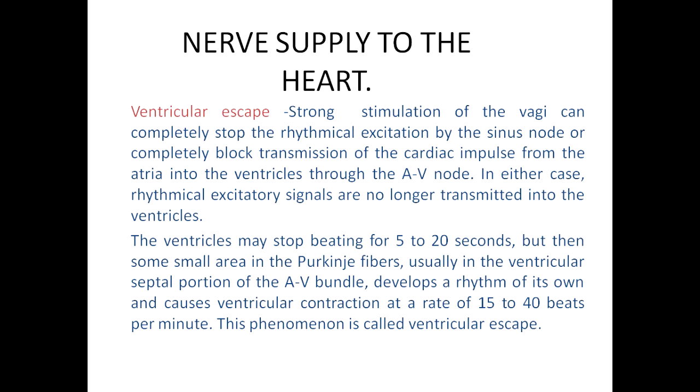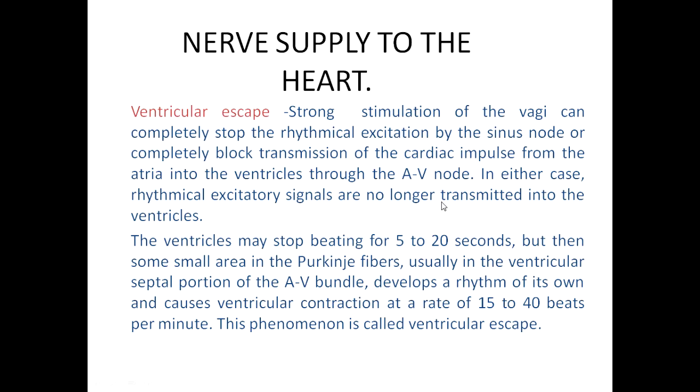Now you have to know the concept of ventricular escape. Sometimes strong stimulation of the vagi can completely stop the rhythmical excitation by the sinus node, or completely block transmission of the cardiac impulse from the atria into the ventricles through the AV node. In either case, rhythmical excitatory signals are no longer transmitted to the ventricles.